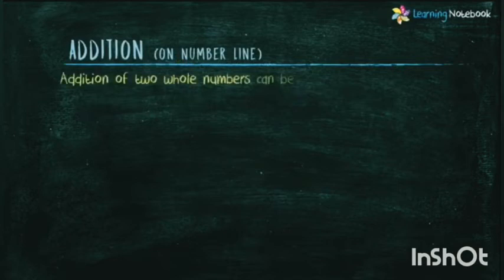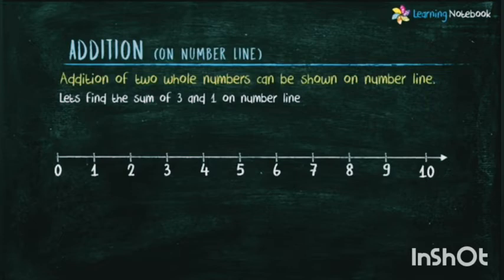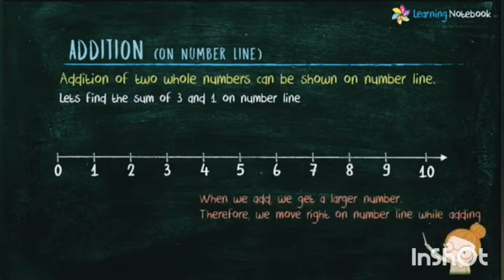Students, next learn how to do mathematical operations on the number line. Addition of two whole numbers can be shown on the number line. Let us find the sum of 3 and 1 on the number line. First, let us see how to move on the number line.